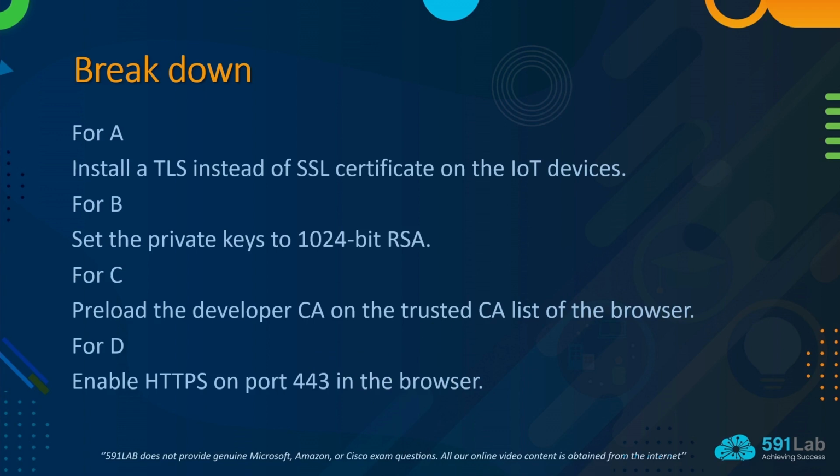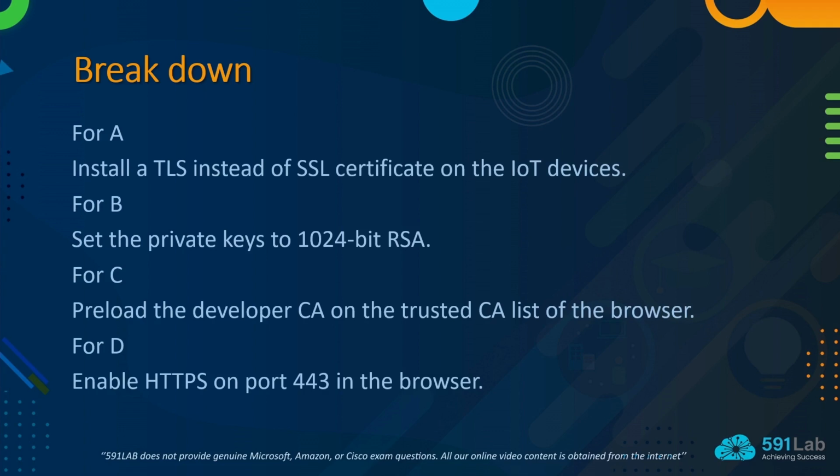For option C, this option is usually correct, but it is not fit for IoT devices, because deployments of IoT devices are often numerous, such as fire alarms, temperature sensors. So if we solve this problem from the client side in the IoT device browser, it will be an impossible job.